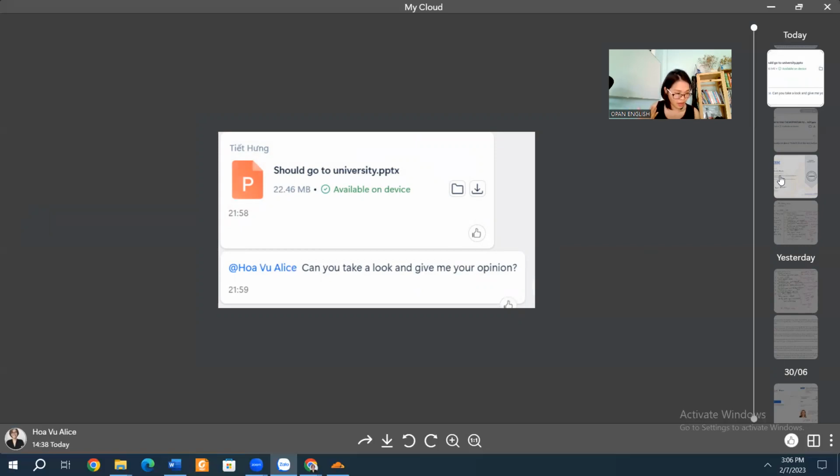So I think these technologies allow them to diversify and enrich the learning experience, so they feel encouraged, they feel motivated, and they are inspired to learn.